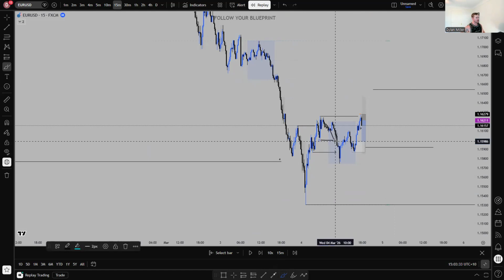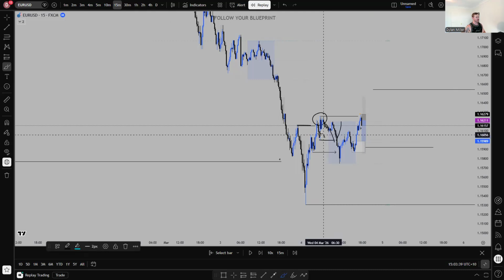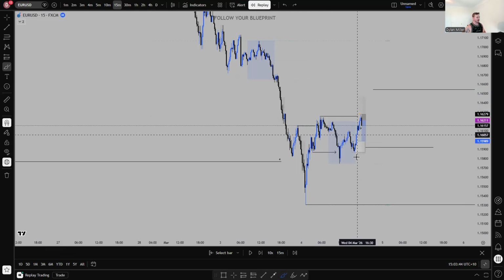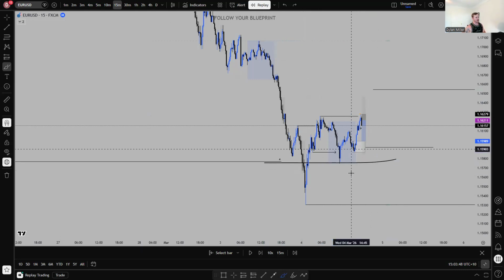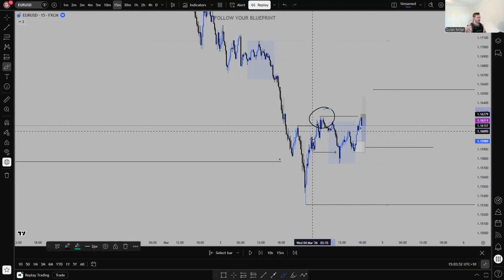If that had broken to the downside here and then pushed up, I wouldn't be considering that an internal retest. I'd be looking at that as an inducement of this retest and then a continuation. Coming beyond the break into the downside and generating that liquidity confirms this for me as an internal retest.